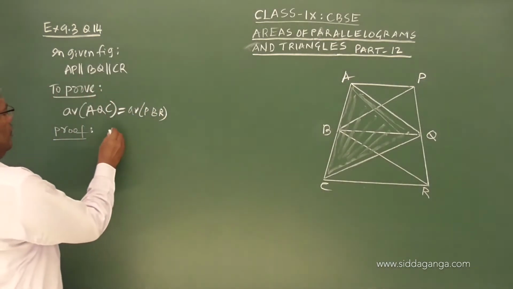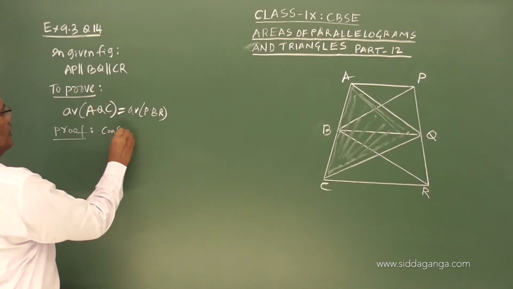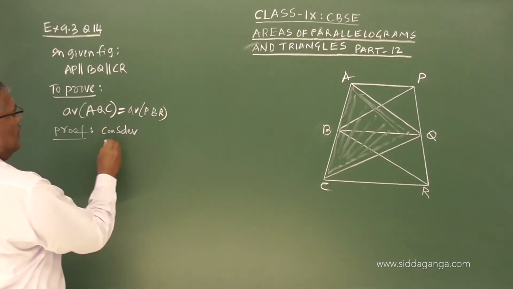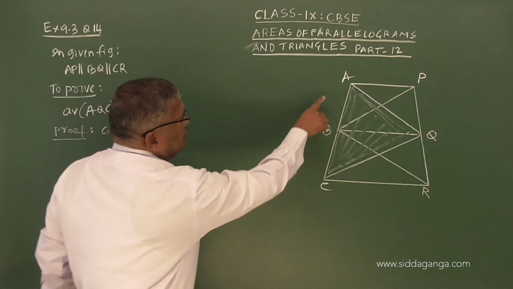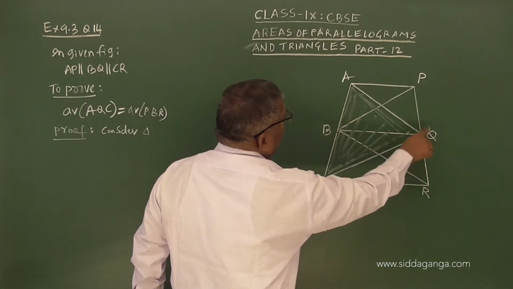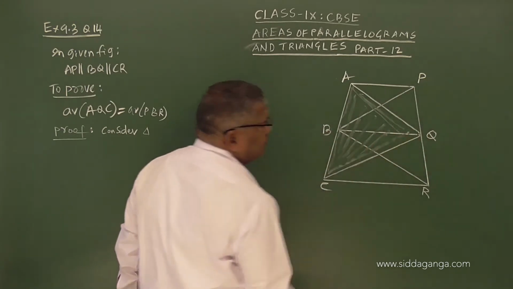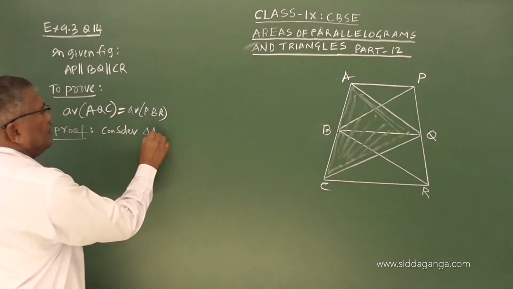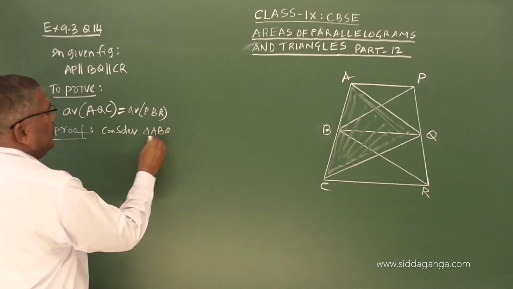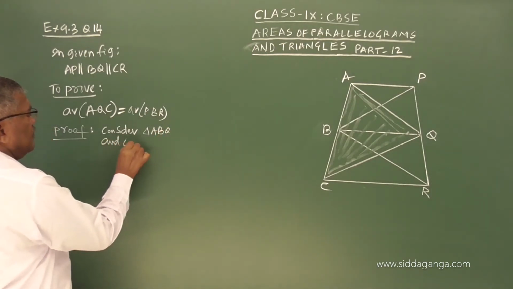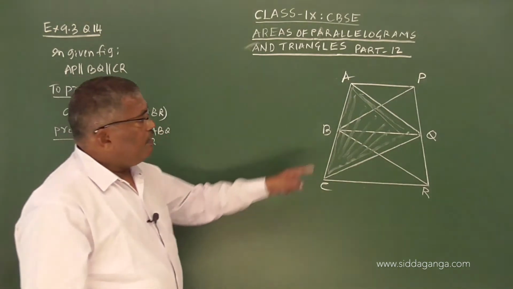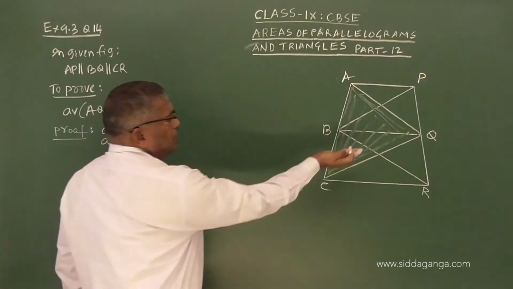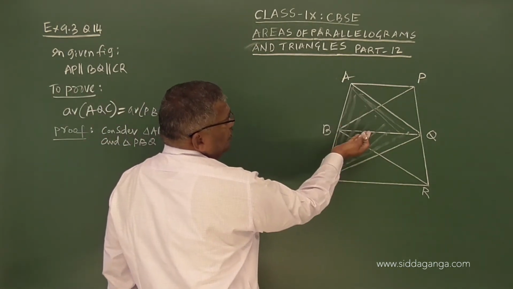So consider triangle ABQ and triangle PBQ. We examine these two triangles which are between AP and BQ.